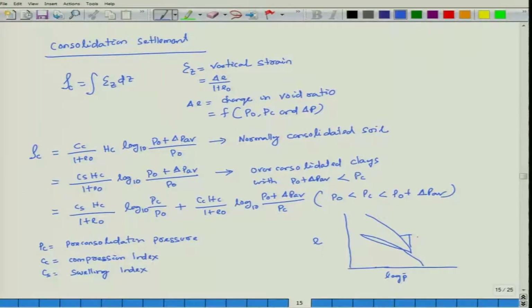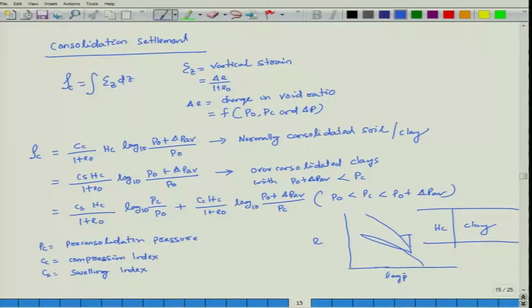So, swelling index, coefficient of compression: this is a compression curve, this is excavation swelling, then this is the recompression curve. Sc is the total height of the compressed layer if it is a clay, log 10 of P0 plus delta P average by P0, delta P average I'll get back to. This is for normally consolidated soil or clay.